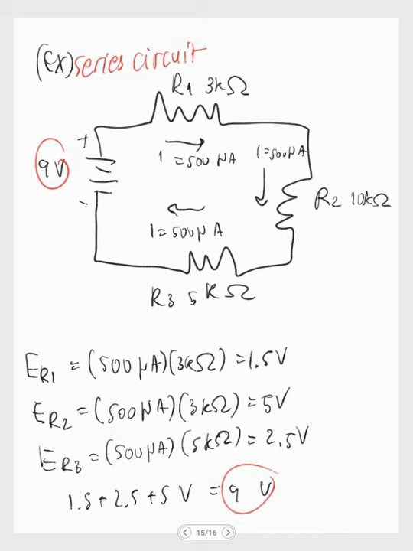Okay, I forgot to mention that the 500 μA is the current flowing through this whole system. After we add up those 3 voltages, we also get 9 volt, which means that this is a series circuit, and it is correct.